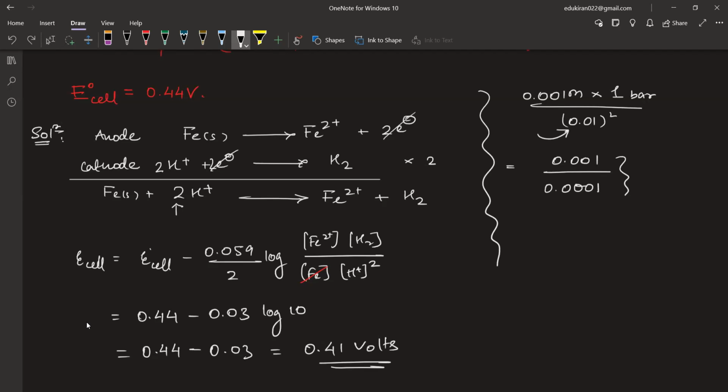Okay. Sara, what went wrong? I took the power in log 10 to the power 2 instead of 1. Was it a mistake or what?